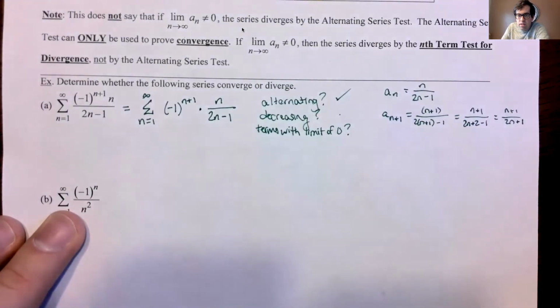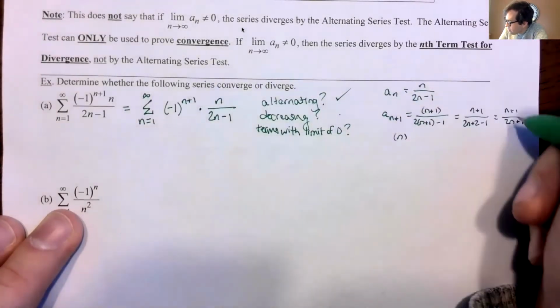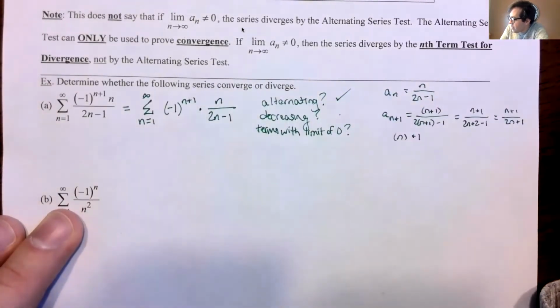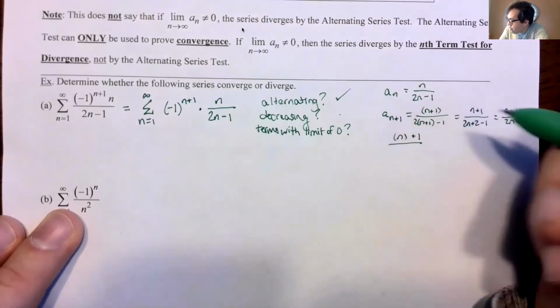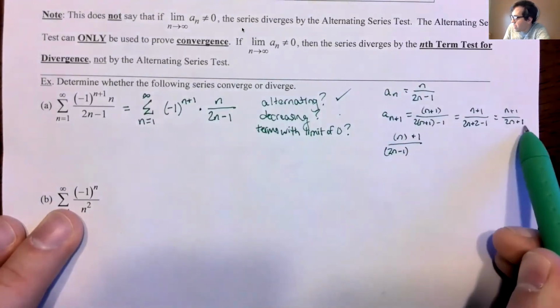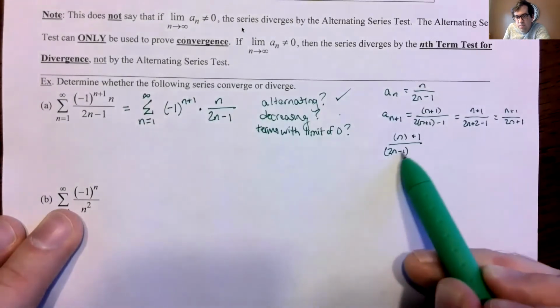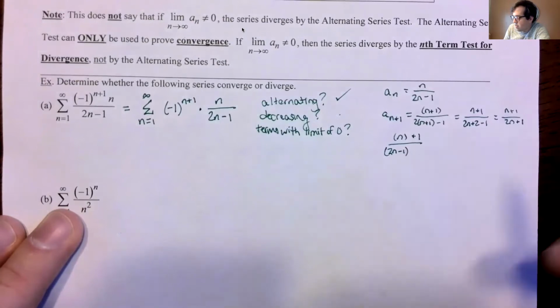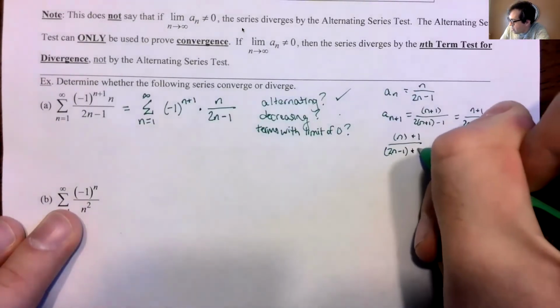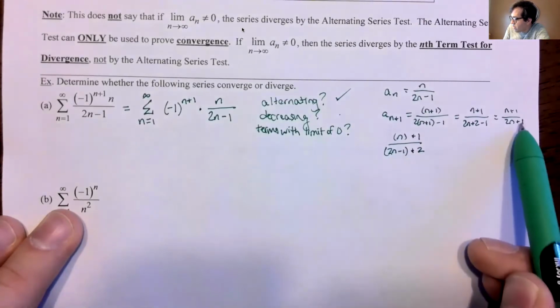So what I'm going to do is try to find this numerator in this numerator, and this denominator inside of this denominator. In other words, we're going to have n plus 1. And on the bottom, let's see if we can make 2n minus 1 happen. If I pull 2n minus 1 out of this denominator, I took the 2n out. I had plus 1, but I need it to make a minus 1, so I'm going to add 2 afterwards, because negative 1 plus 2 gives us plus 1.